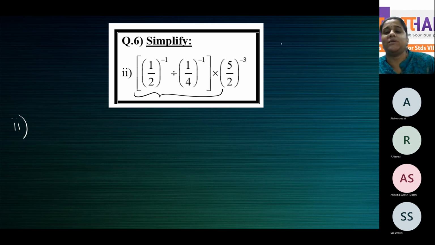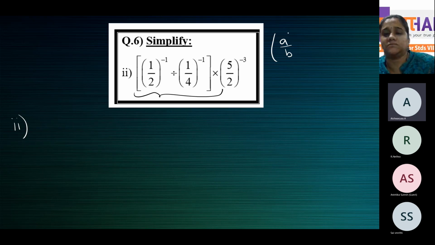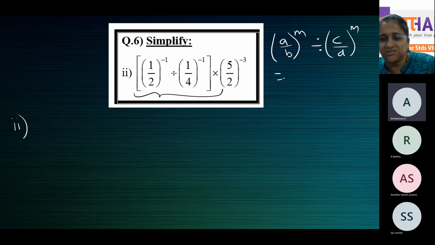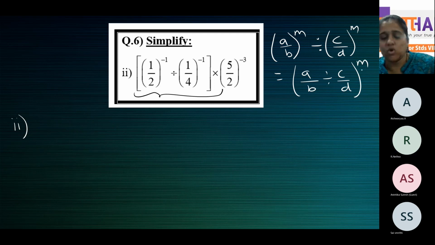Very good. So tell me the rule using a by b. a by b to the power m divided by c by d to the power m is equal to a by b divided by c by d, whole power m.